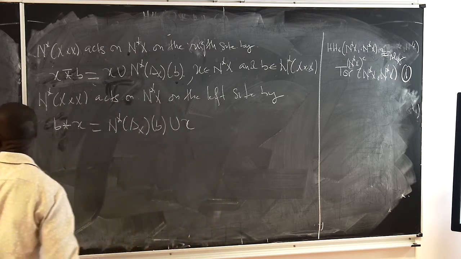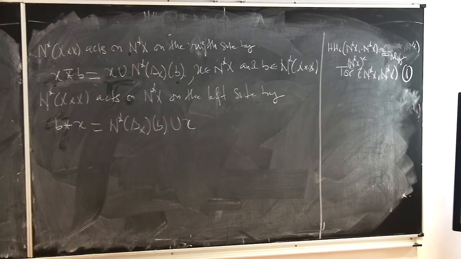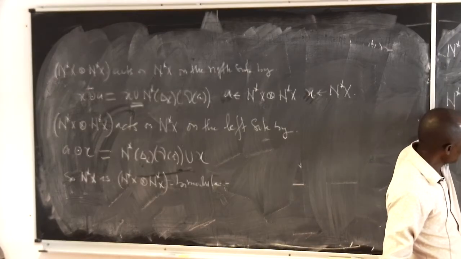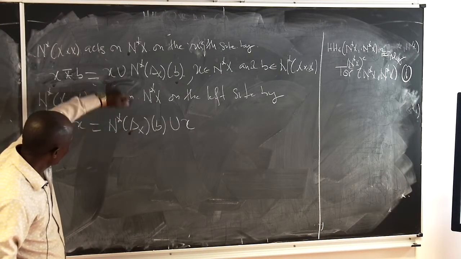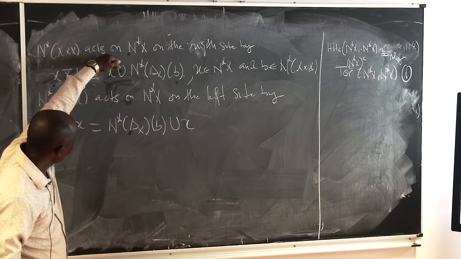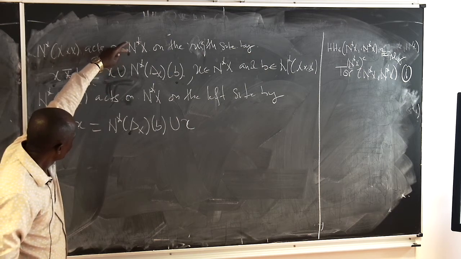As I said before, the delta x is just the usual topological diagonal, and this sign is the cap product defining the algebraic structure on the normalized angular quotient nx.